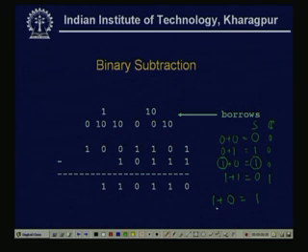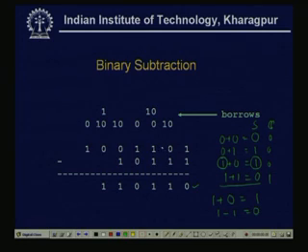So, if I subtract this thing, 1 minus 1 equal to 0. The same thing I have done, 1 minus 1 equal to 0. Now, 0 minus 1, what do we mean by 0 minus 1? That means I have to take this one. So, 0 minus 1, that will be 1.